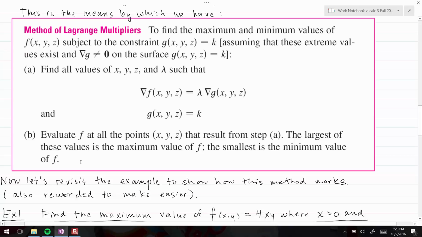Next step, evaluate f at all the points x, y, and z, all the solutions you find here. Those are your candidates for the absolute max and mins. You plug them in, just like we did in the prior section, 14.7, at the end, to see where you get the biggest output. Where do you get the biggest f? That's where the absolute maximum is attained. The absolute min is where you get the smallest value.